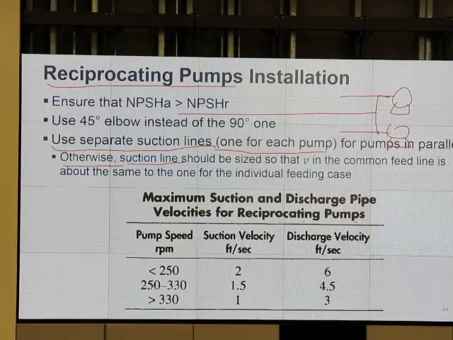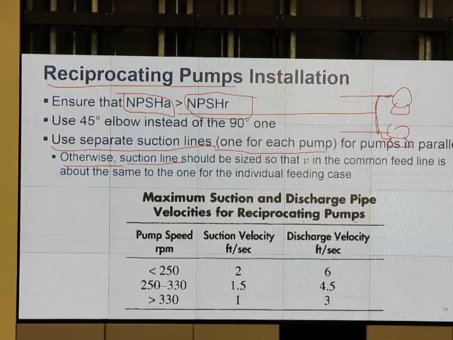Because it requires quite a bit of NPSHA. If you combine it together first, then it requires quite a lot of NPSHR, net positive suction head required. If we combine it together, we reduce the cross-section area of the flow. The cross-section area of the flow really matters.